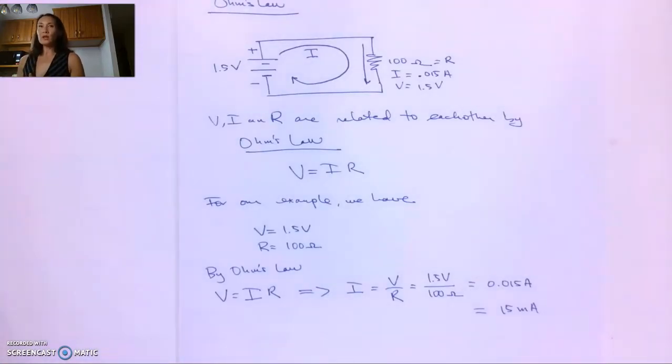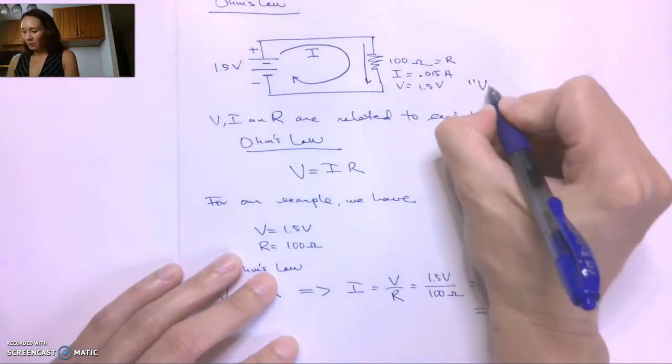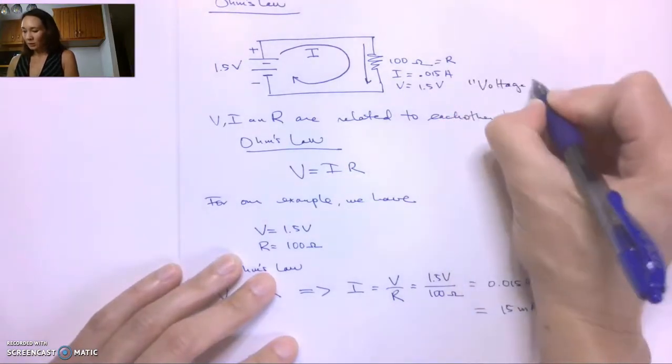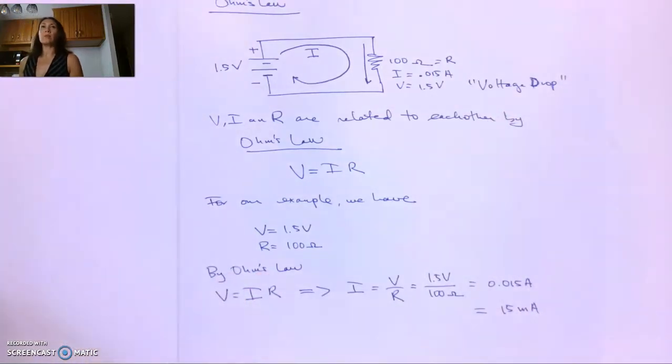So that energy that gets dissipated at the resistor that's required to push the current through, we refer to that as a voltage drop. Okay, so the voltage drop is kind of, you can think of it as the voltage that is burned up, right? The energy that's burned up in pushing the current through this resistor.